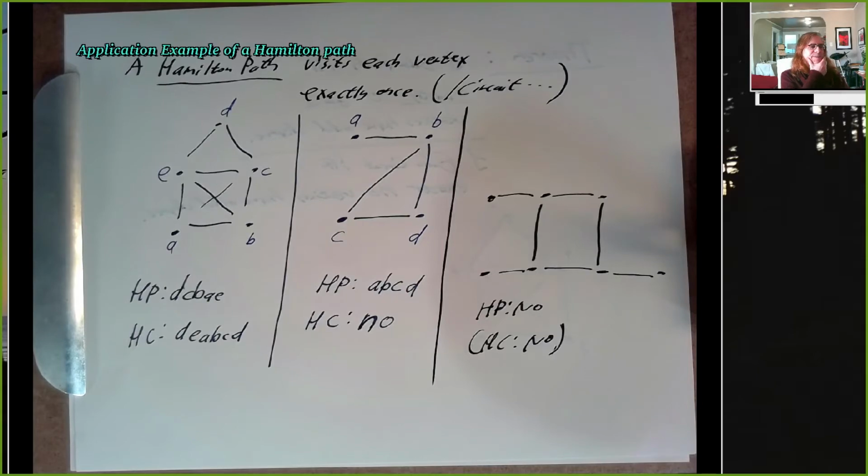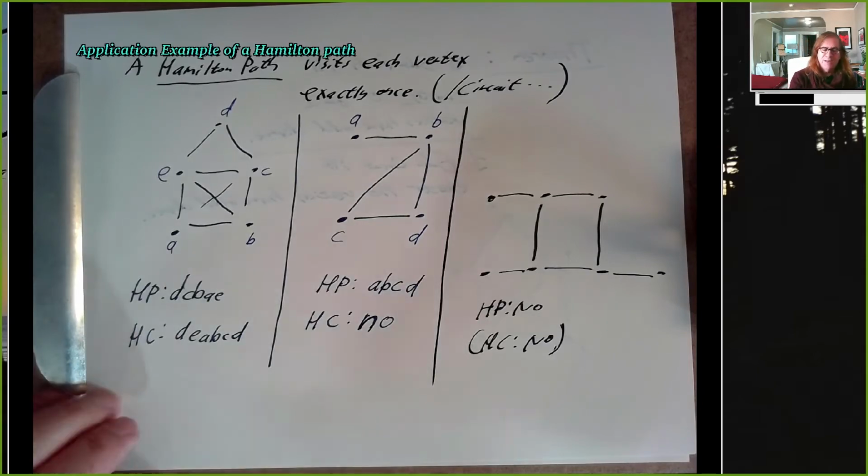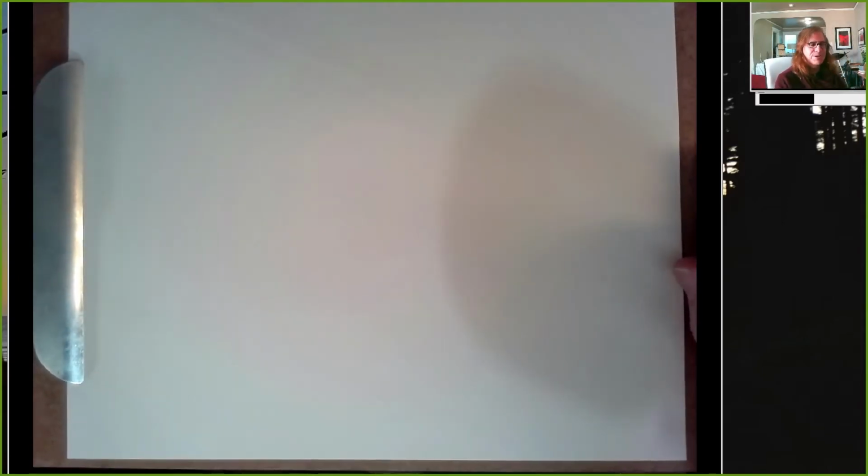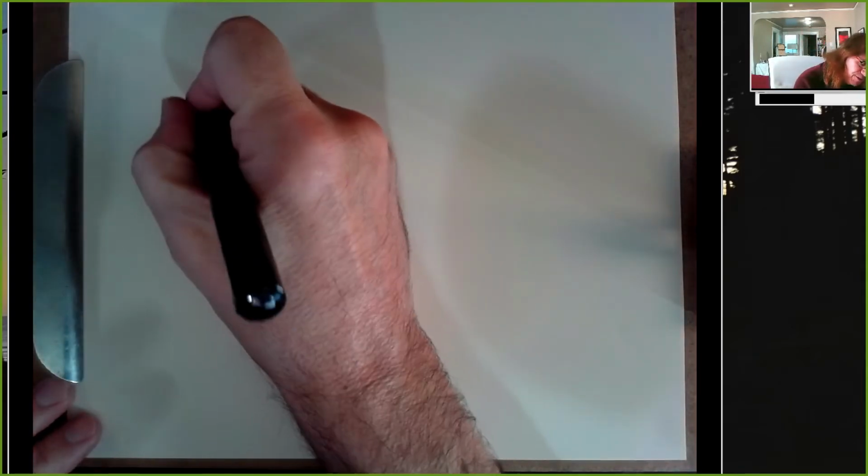Let me show you a little bit of a funny application example for this idea of a Hamilton path. This may induce headaches in some cases, so be warned. Let me show you a graph, and this is just, you know, a graph drawn on a piece of paper, but it may look three-dimensional, but that's really just an illusion.